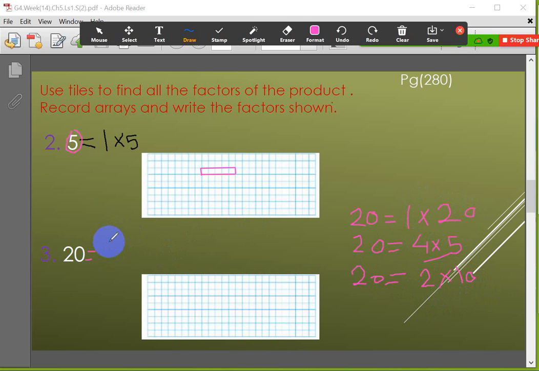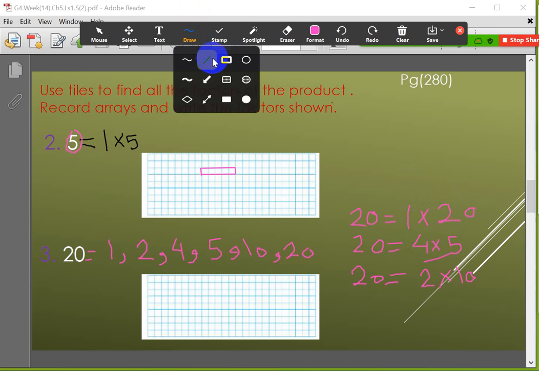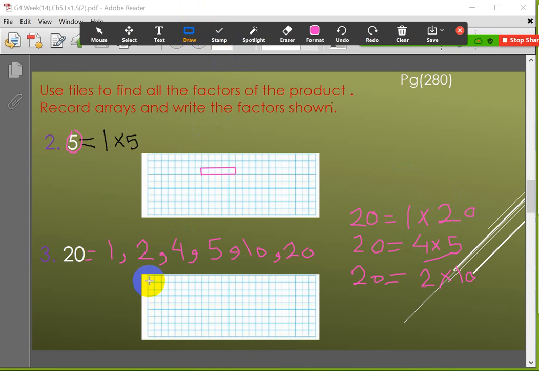Okay, those are the factors. If you want to order the numbers, you have to order them like this: 1 and 2 and 4 and 5 and 10 and 20. Now, if I want to draw the model that represents each one, first, 1 multiplied by 20. That means I have to choose 20 in the horizontal way and 1 in the vertical way.